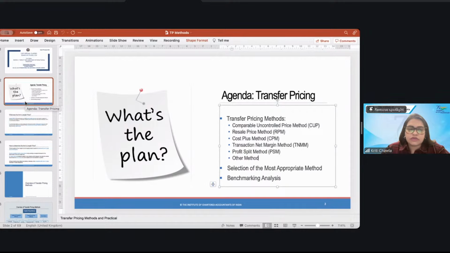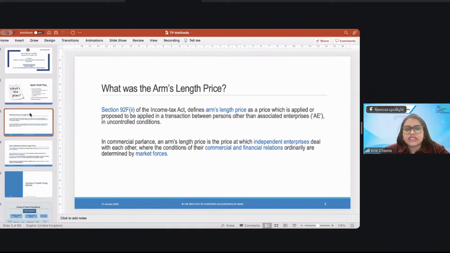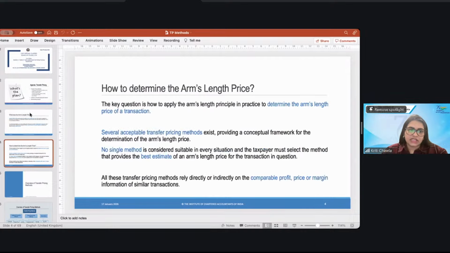This is what we were discussing in the last lecture. We were discussing what exactly is the arm's length price. I'm sure you know by now that whatever is the price that is applied in an independent party situation, as long as it's comparable, that's called the arm's length price. How do you determine arm's length price? Well, there are methods that we will be discussing today.